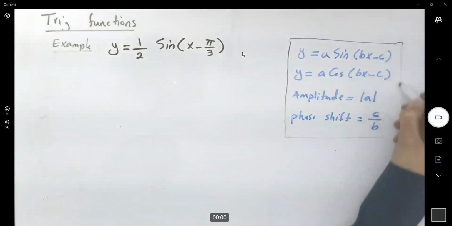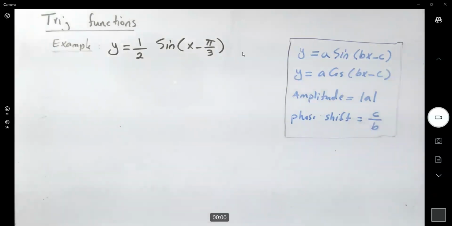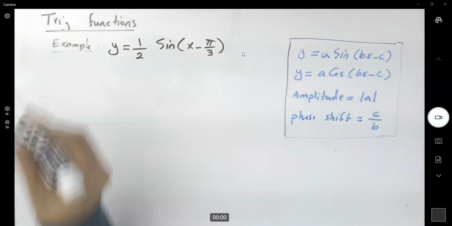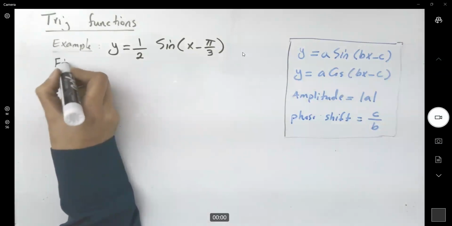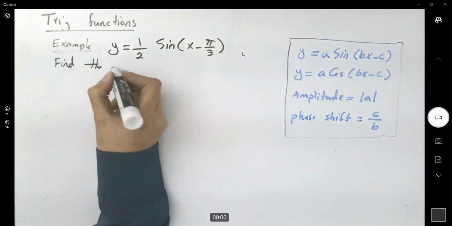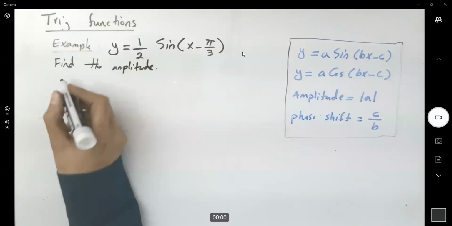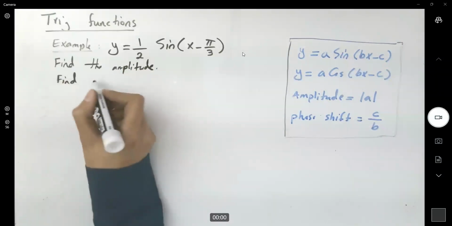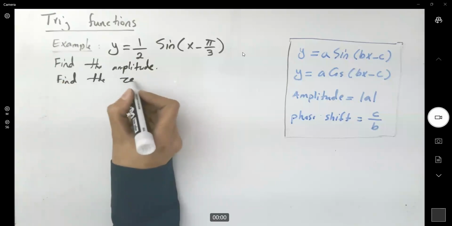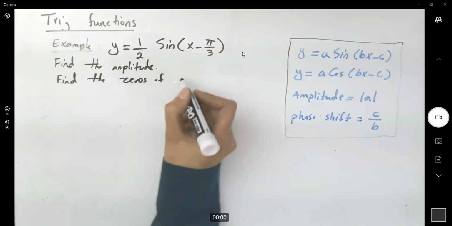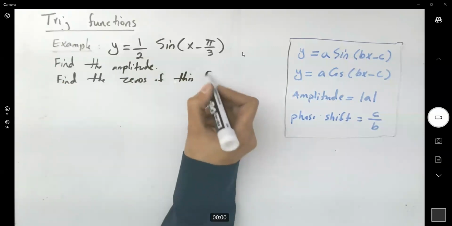These are the questions that we're going to answer. Find the amplitude. Find the zeros of this function.